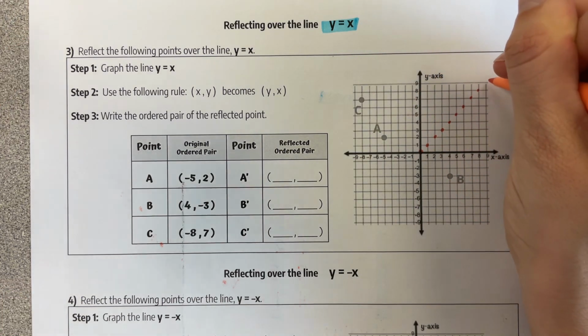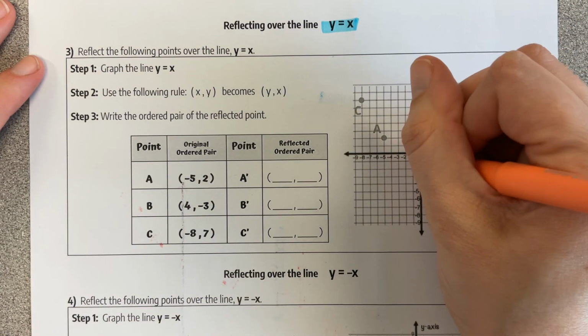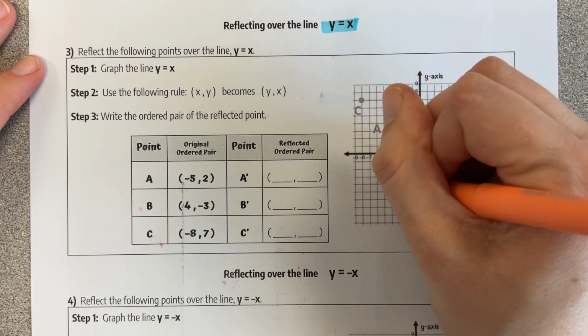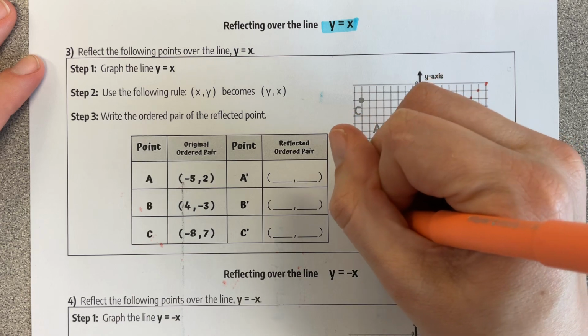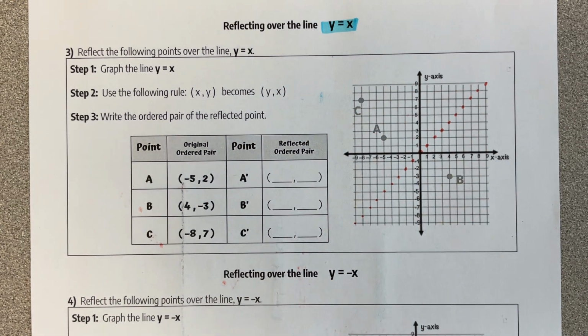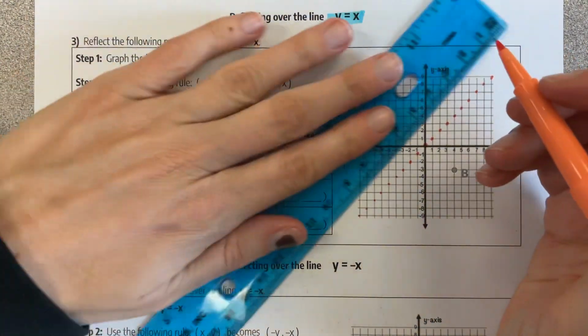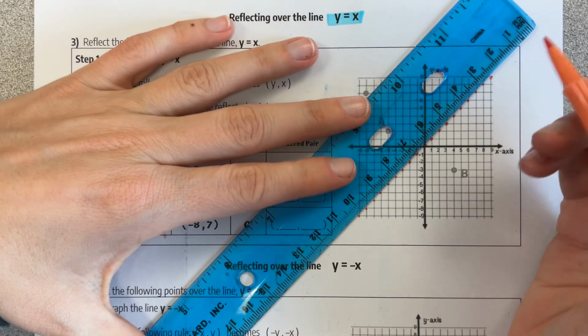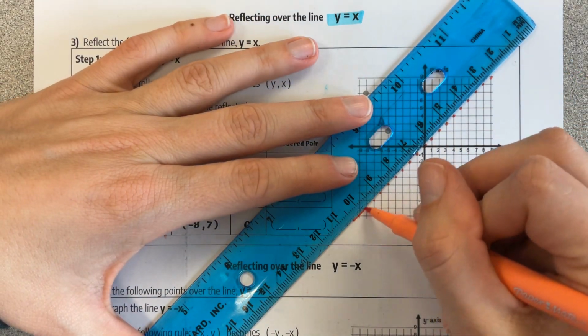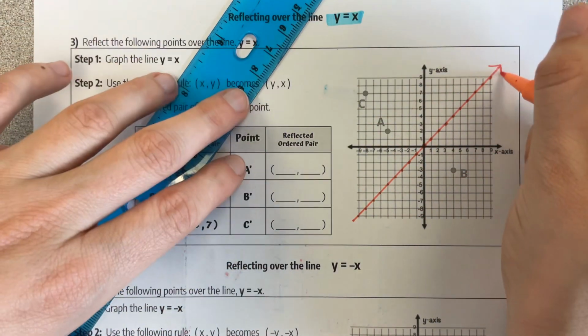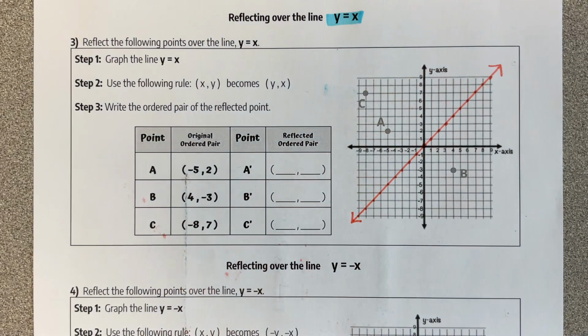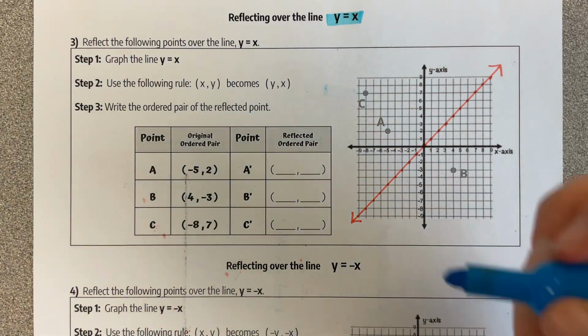So it's this perfect diagonal line going through each point here. I'm going to use a ruler to make sure that's straight. And this is the line that we're looking at reflecting over.